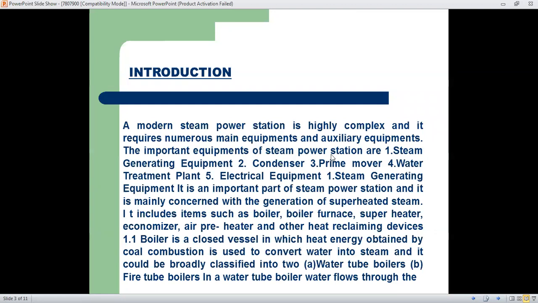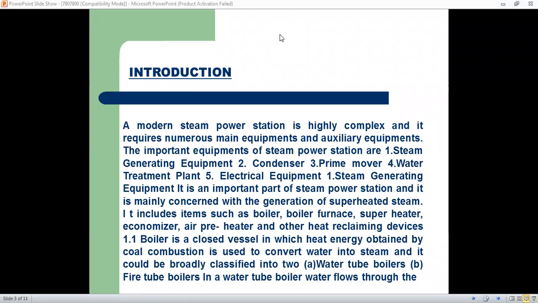A modern steam power plant station is highly complex and requires a number of main equipments and auxiliary equipments. The important equipments of a steam power plant are the steam generator, means by which we can generate the steam; the condenser, means by which we can condense the steam from vapor back to water; and the prime mover.